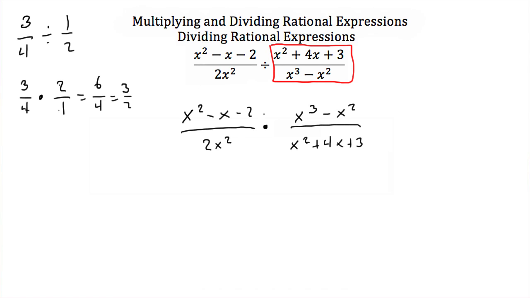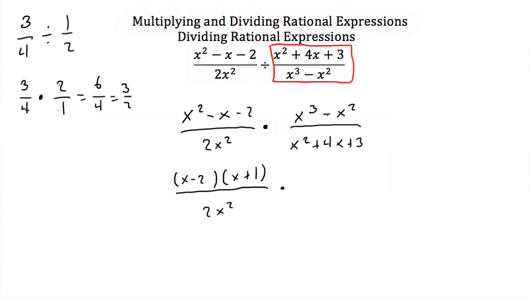If we were to complete this, it's usually better to factor these quadratics and polynomials. This first one, this x squared minus x minus 2, well, that will factor into an x minus 2 and an x plus 1. That's still over 2x squared.